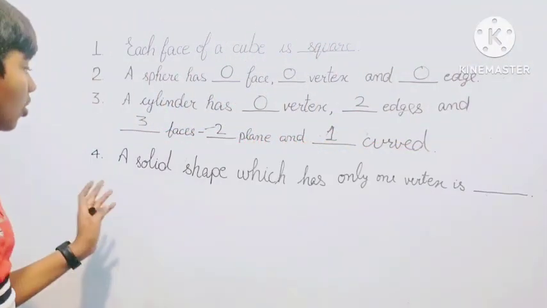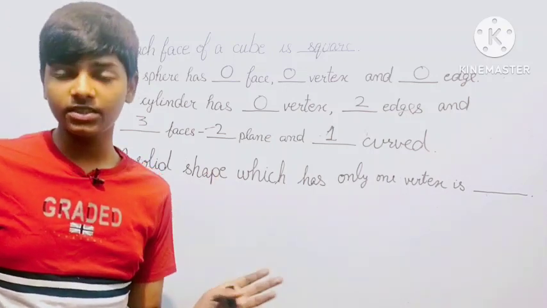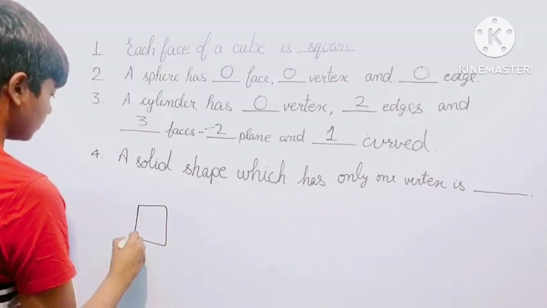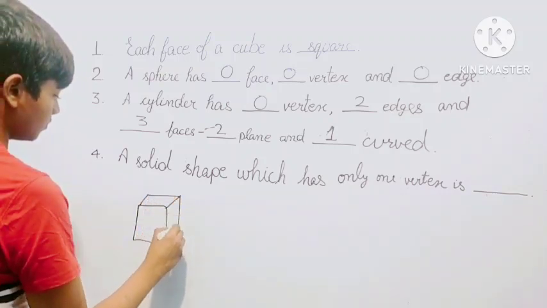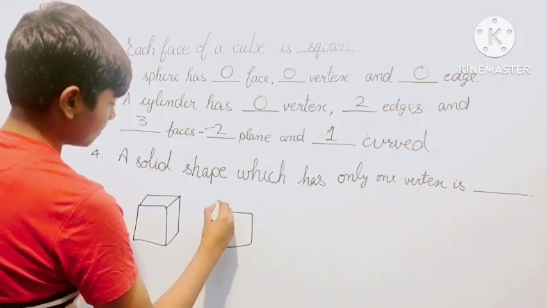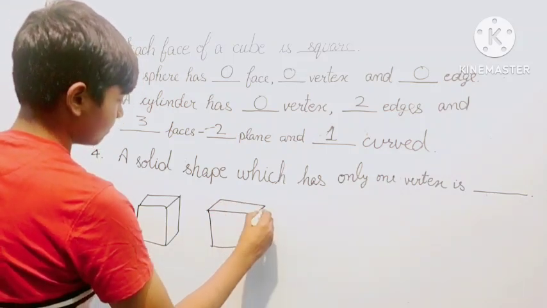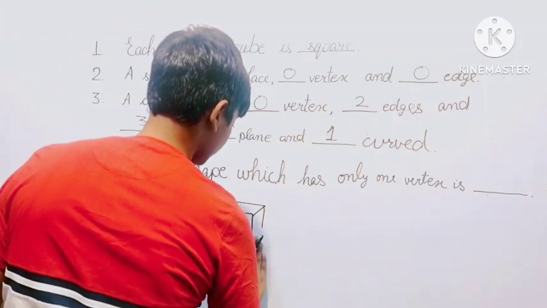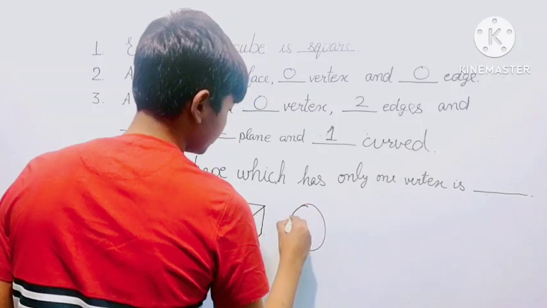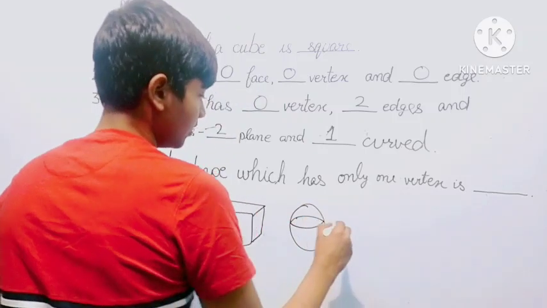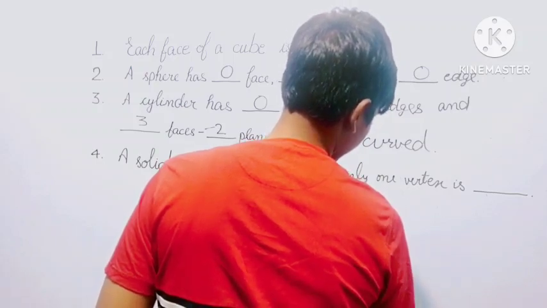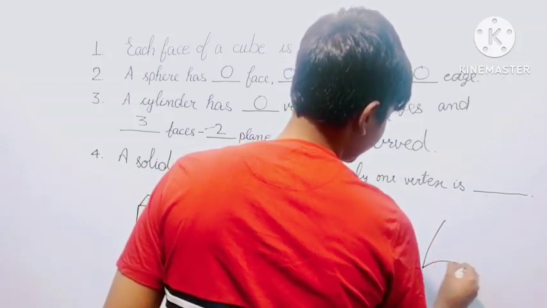Next question is, a solid shape which has only one vertex is what? So there is a cube, there is a cuboid, there is a sphere, there is a cylinder, and there is a cone.